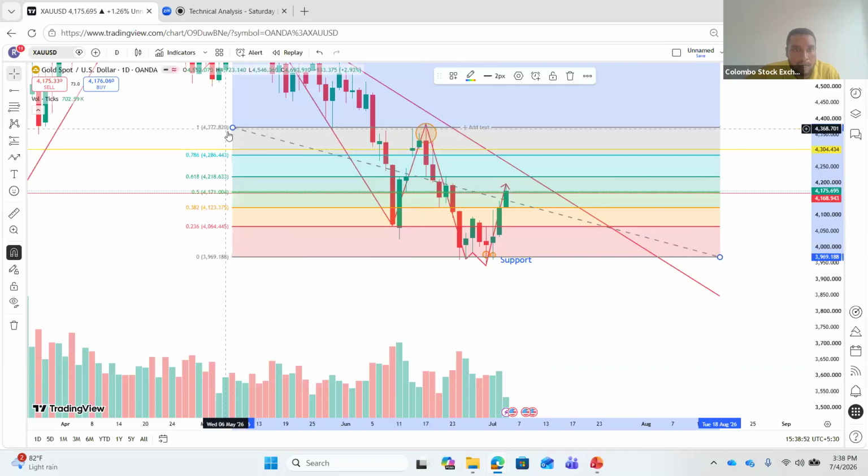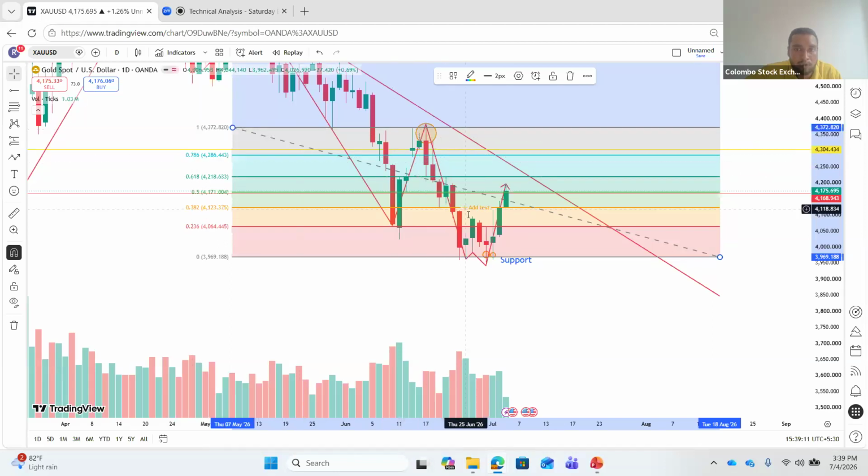Here in the Fibonacci retracements, you have levels. This is the 23.6% level. This is the 38.2% level. This is the 50% level. This is the 61.8% level. This is the 78.6% level.